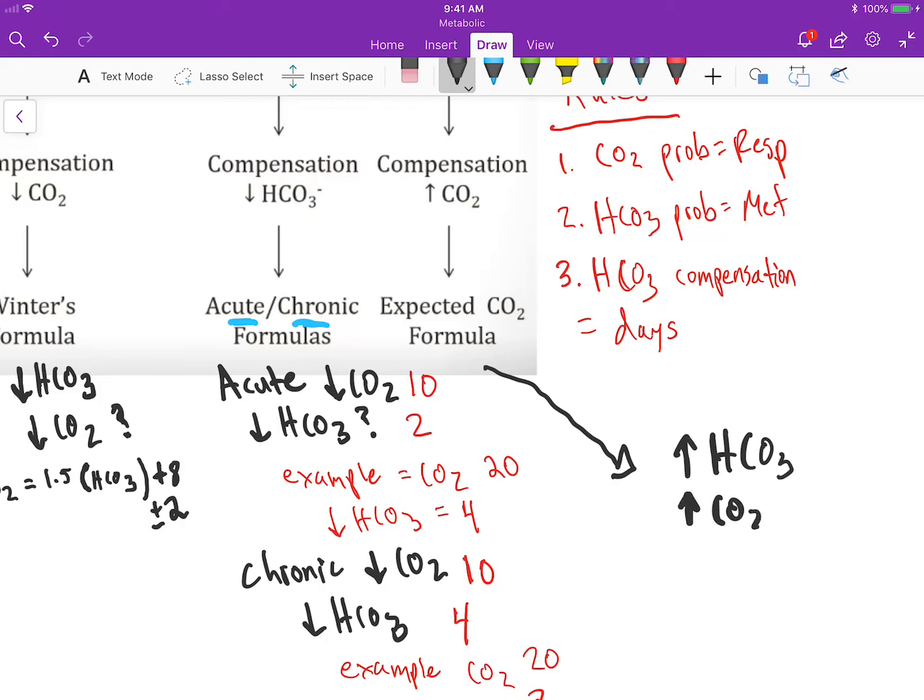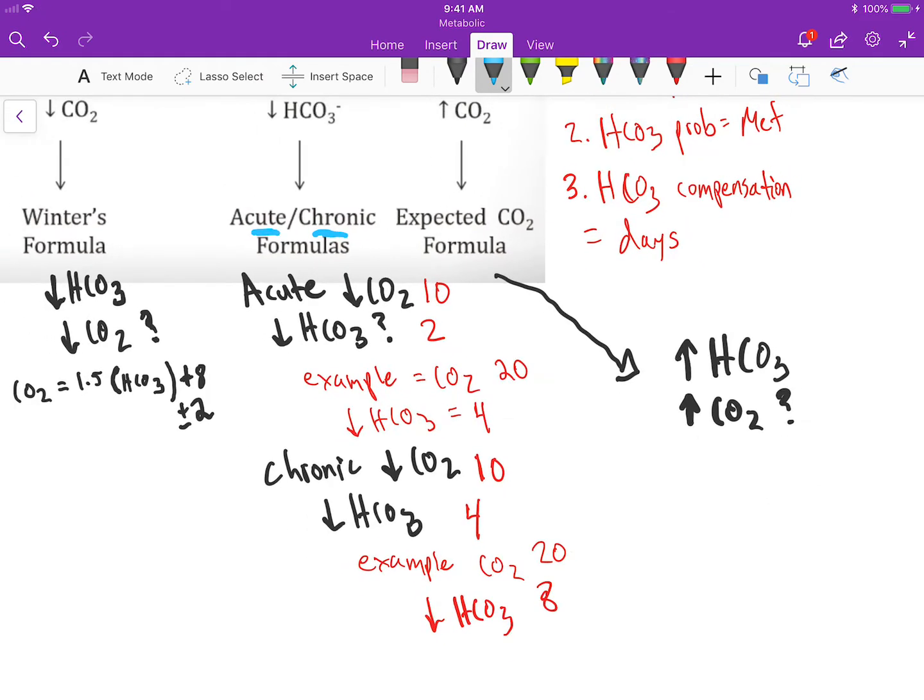Increase our CO2. By how much? Let's apply a formula. So first of all, we know the bicarb, and so we're calculating the change for CO2.